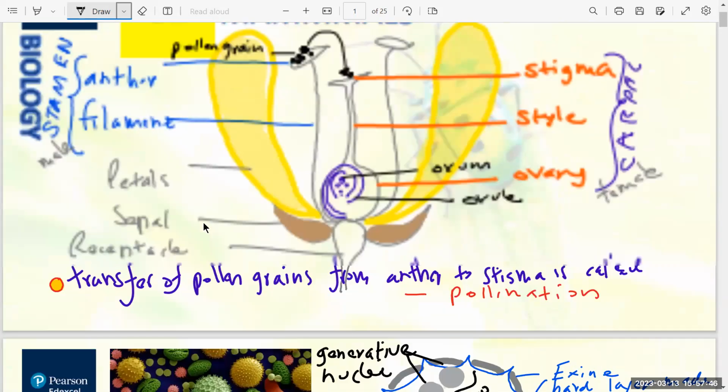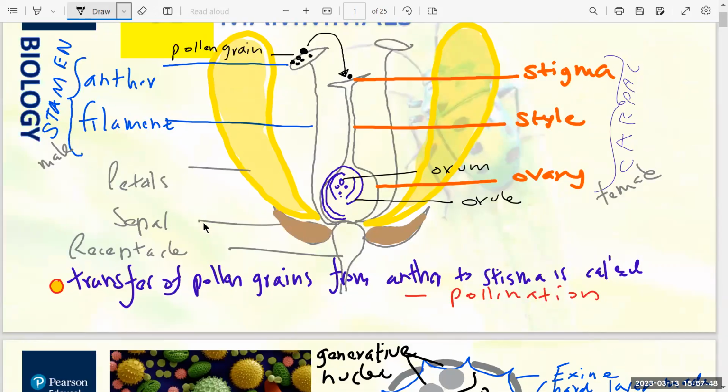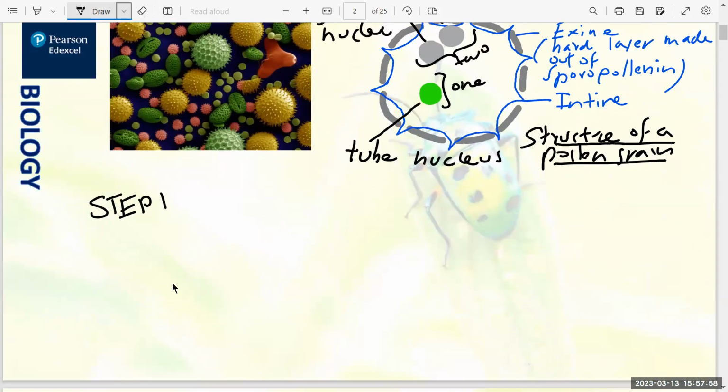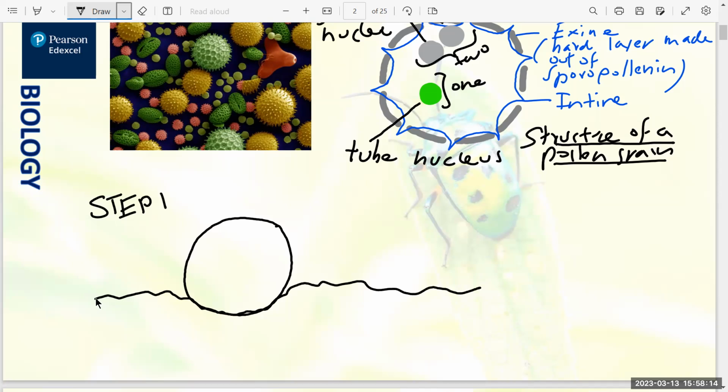Right, now if you look at the first stage, there is pollen grain from anther deposit on stigma. Right? So this is the pollen grain, and this is the surface of stigma.